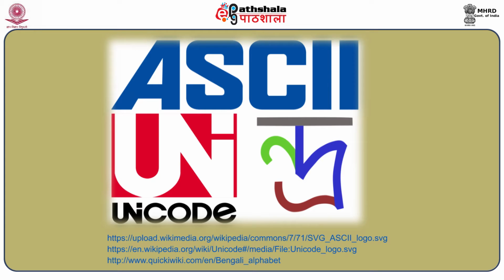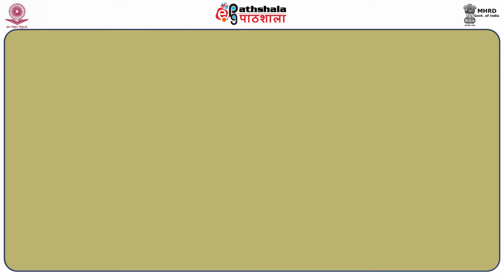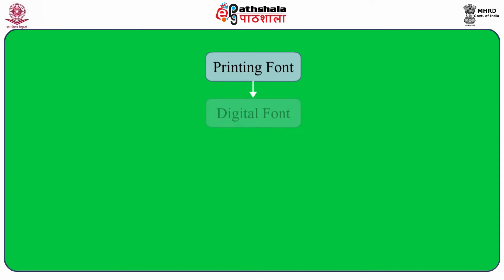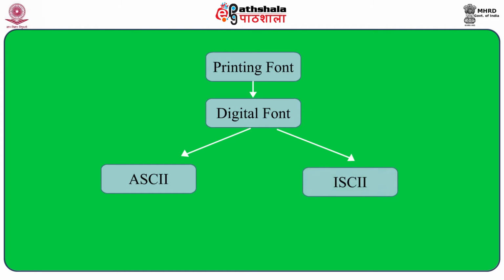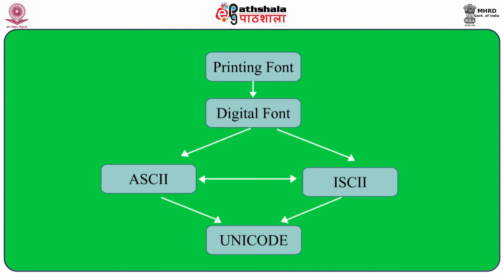The mechanism that is involved here is that we need a system where digitized fonts are available. What we can do in a systematic way is, first, the printing form, which is available now. Then we need a tool or a conversion mechanism to transfer from printing text, printing font, to digital font.